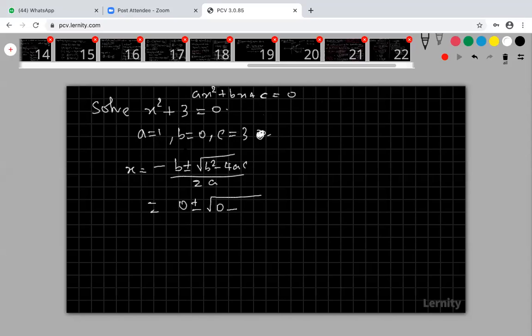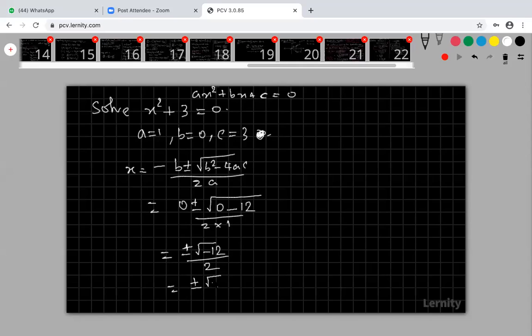My a is 1, b is 0, c is 3. So this is 4 into 1 into 3, that is 12, divided by 2 into 1. So this is plus or minus root of minus 12 divided by 2.